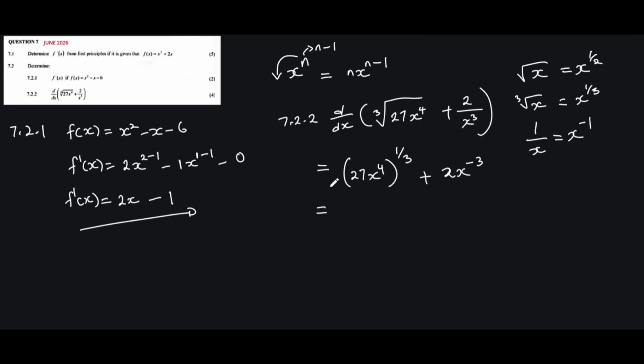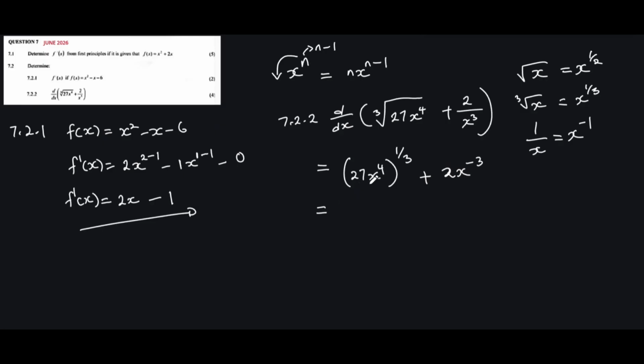If you go on your calculator and say 27 to the power 1 over 3, it will give you 3.